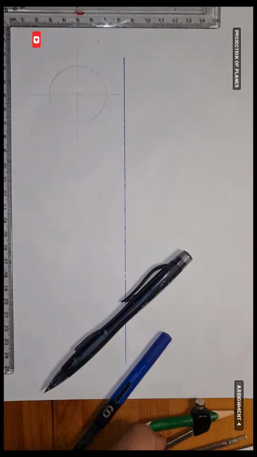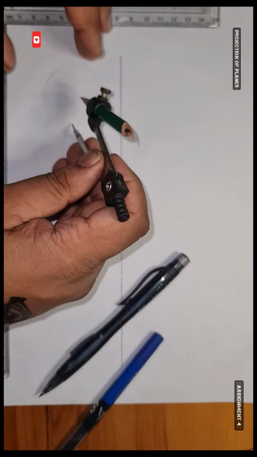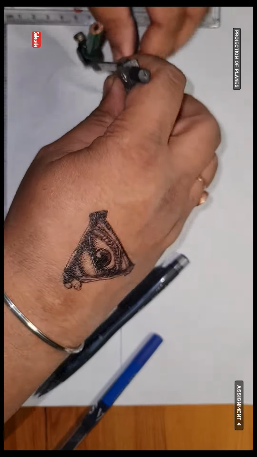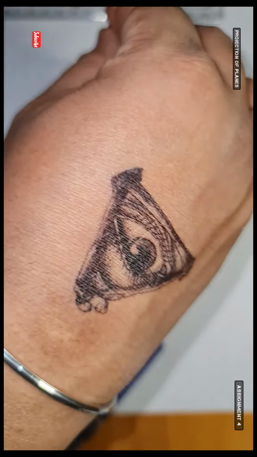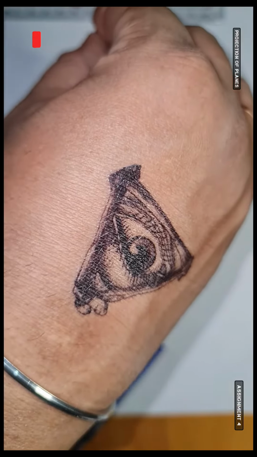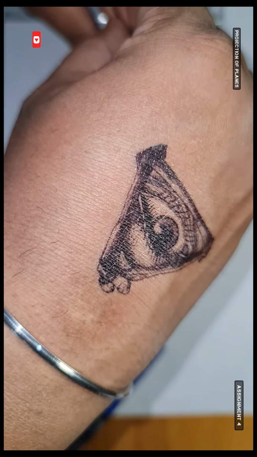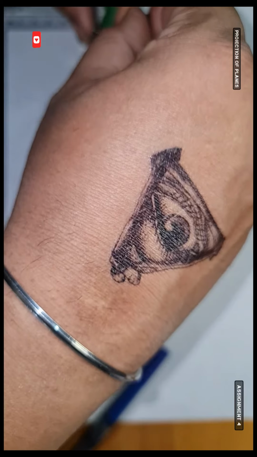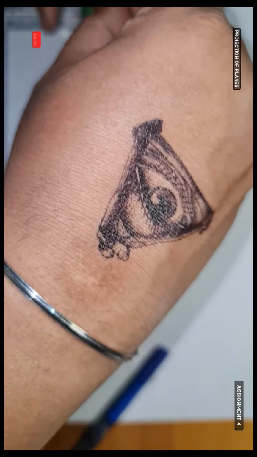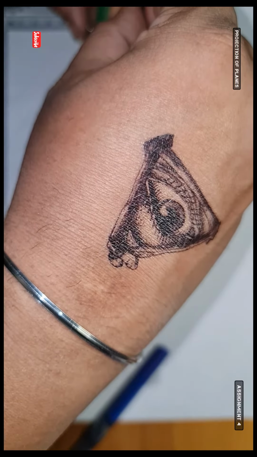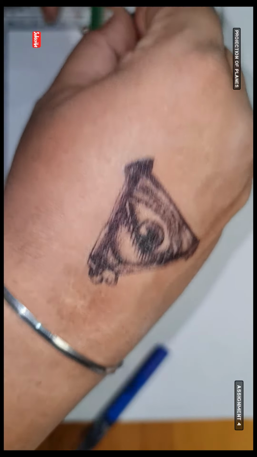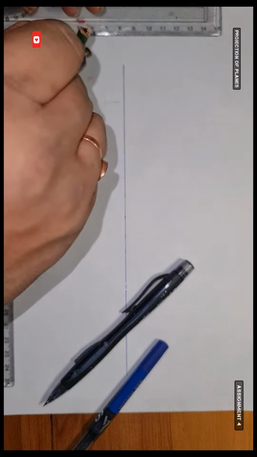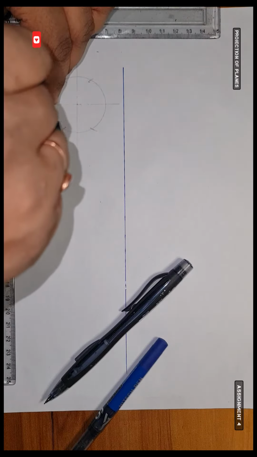Okay, now you take the compass, measure the radius and mark from this side. Keep your compass over here, mark here and here.